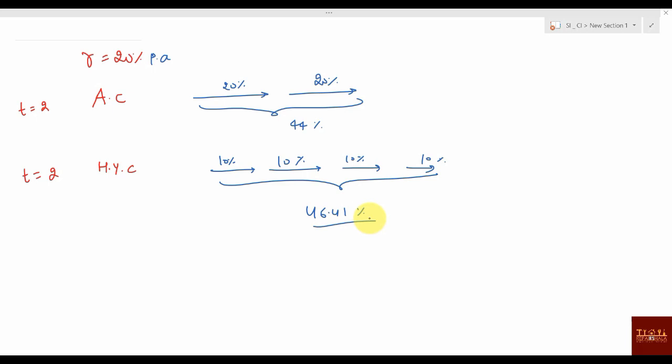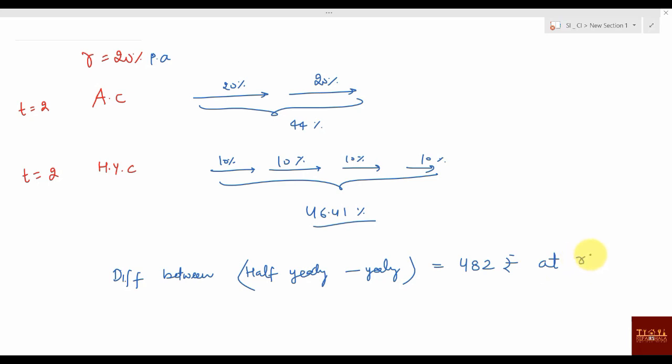So one CGL question again. The difference between the amount being compounded half yearly and yearly is given as 482 rupees, at a rate of interest of 20% per annum.